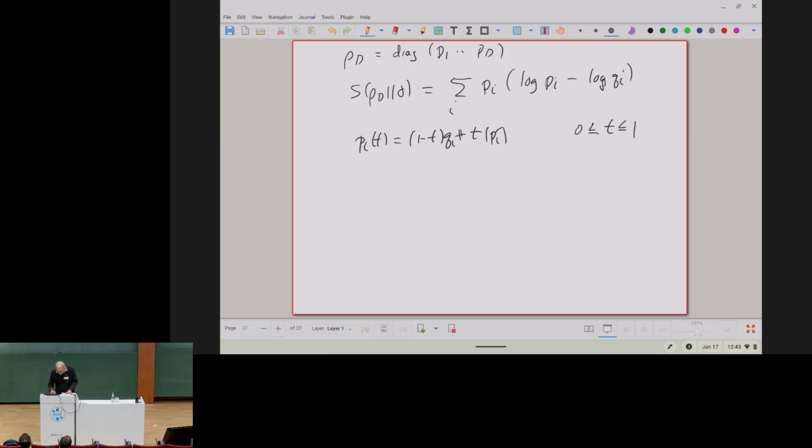And then I let f of t be the sum of pi of t times log pi of t minus log qi. So I see that f of 0 is 0 because at t equals 0, pi equals qi, and the two terms cancel. It's also true that f dot of 0 is 0.